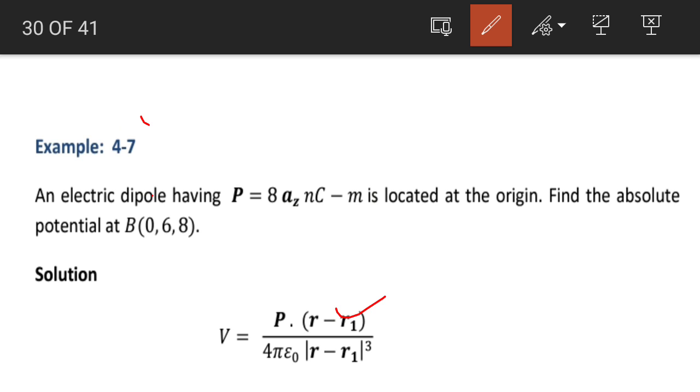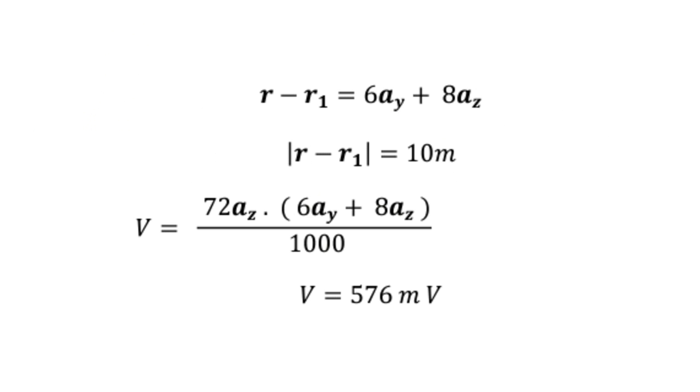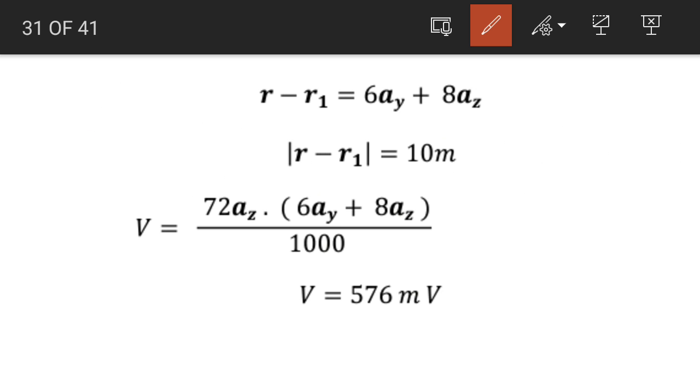So definitely R1 will be equal to 0 AX plus 0 AY plus 0 AZ. Anyhow, we know P. And R minus R1 will be equal to 6 AY plus 8 AZ. The magnitude of R minus R1 will be equal to 10 meter.